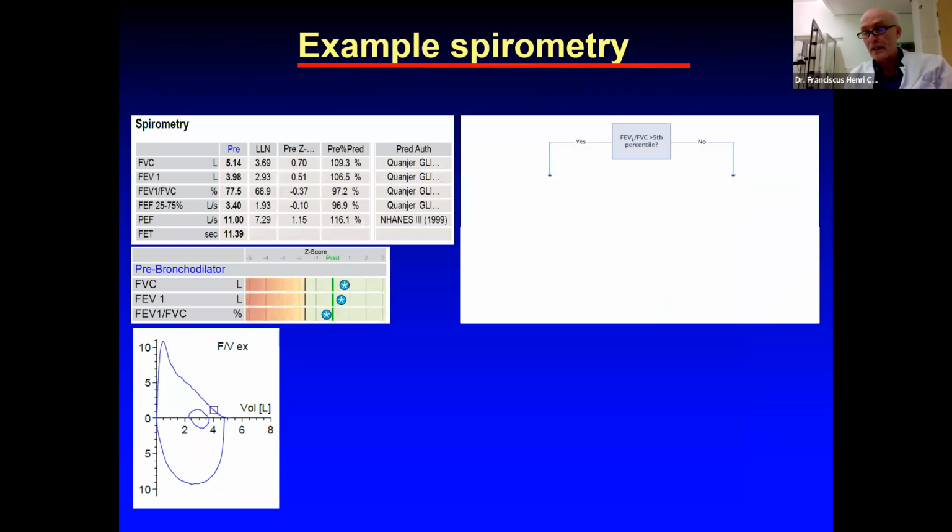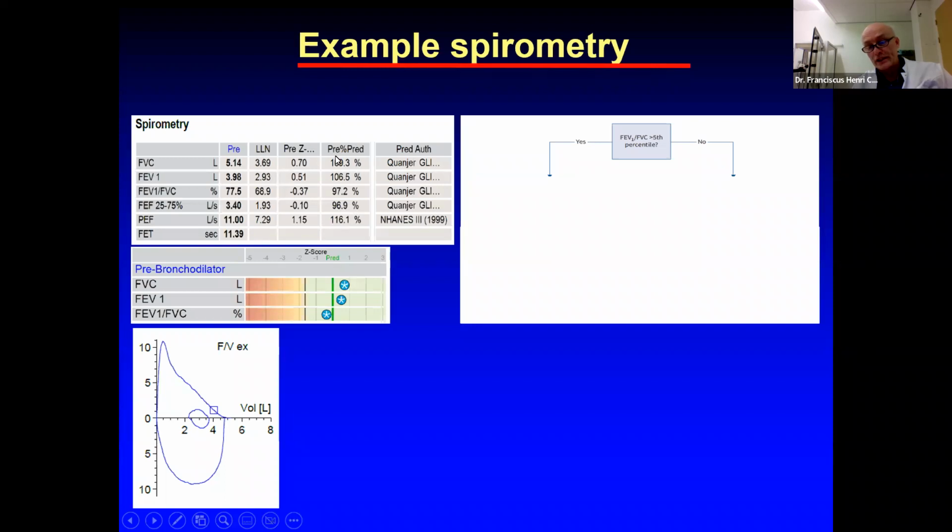Here you see a nicely built up slide in which you have spirometry outcomes. I hope you can see my cursor because I'm moving the cursor. Yep, I get a confirmation. Then you can see in the first column what quantity we are looking for. Then you can see what the value was before medication, what the lower limit of normal is, and the Z-score before medication.